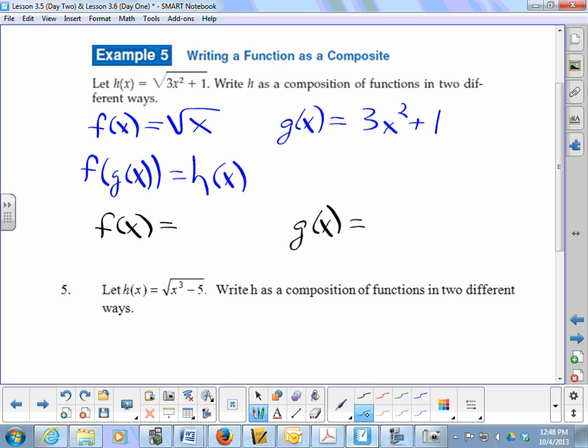Sometimes there's even more than two ways. But in this case, I think there might just be one other way. So if I look at this, what's another thing that I could possibly put in there? Any ideas that I could use for f of x or g of x?